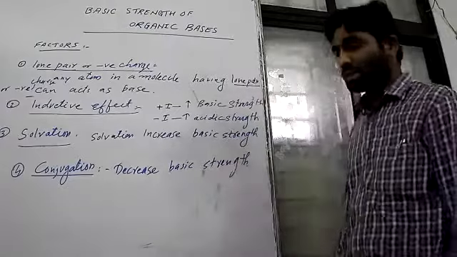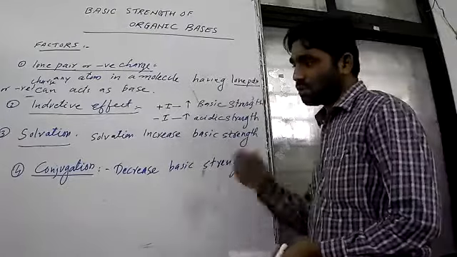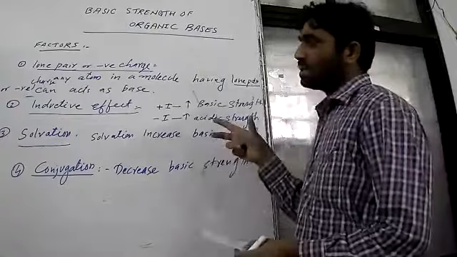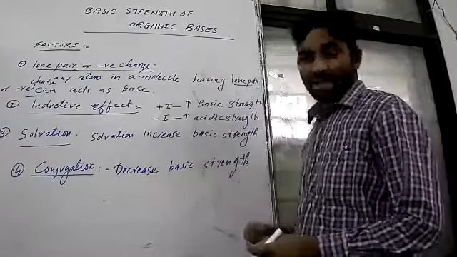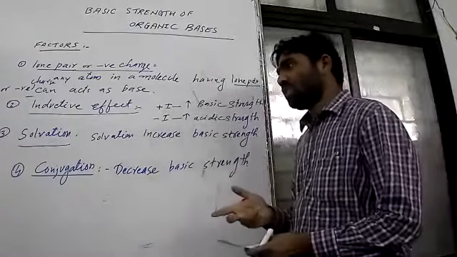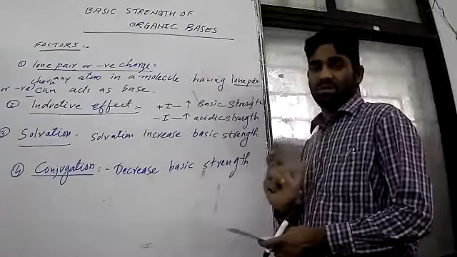It also increases it. We will go for it. So these four factors are there, and under these four factors we will discuss which is a strong base and which is a weak base.